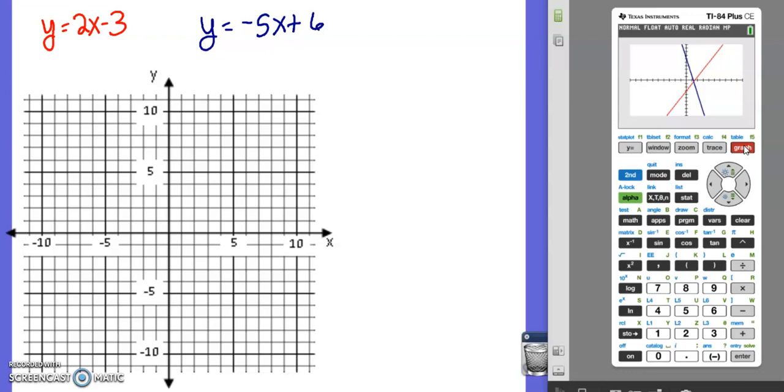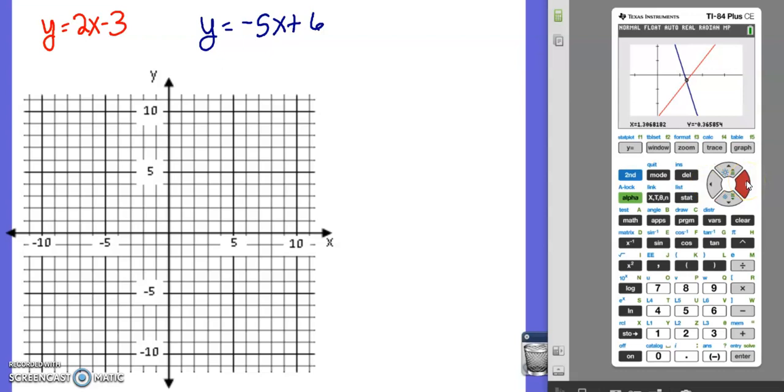If you want to zoom in, you could go to zoom, enter, move your cursor over to the point where you want to zoom in, and press enter. If you move the cursor over, it tells you the approximate place of intersection.